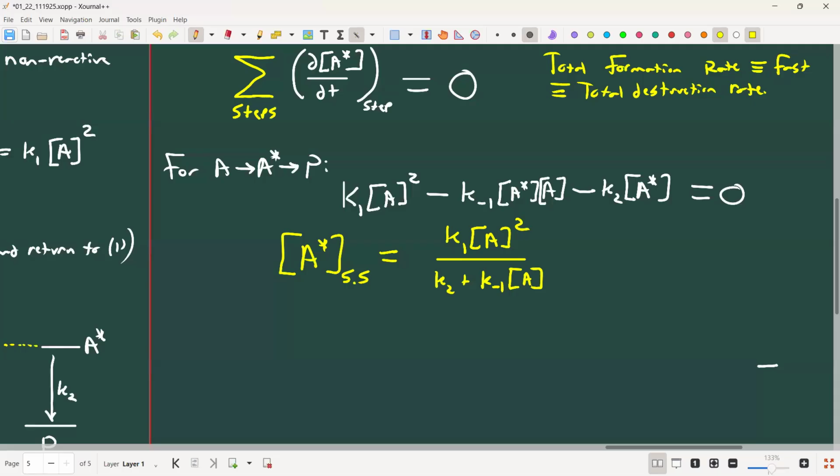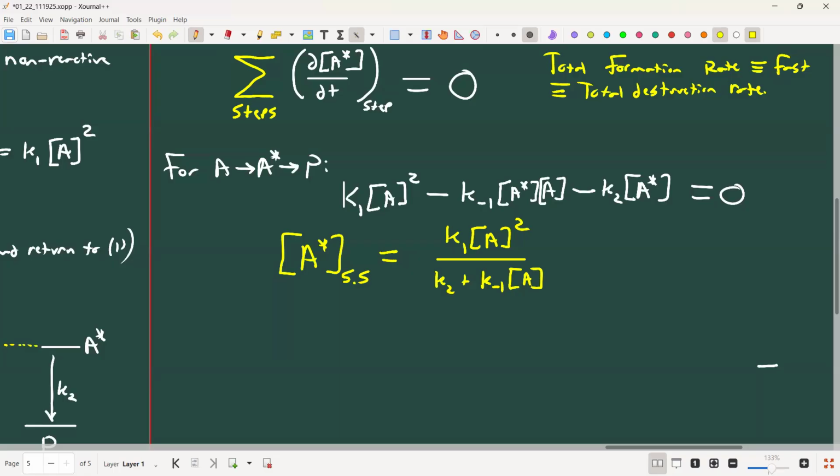We have a route for creating A star, and we have 2 routes for depleting A star. And A star's concentration should increase if the formation route is more favorable or faster than the destruction routes.